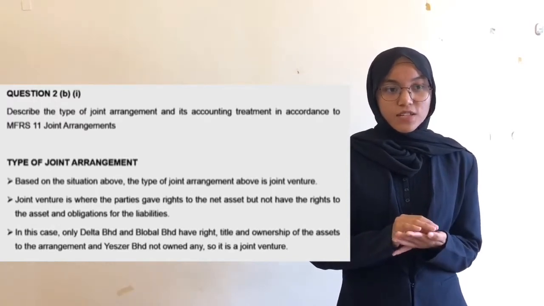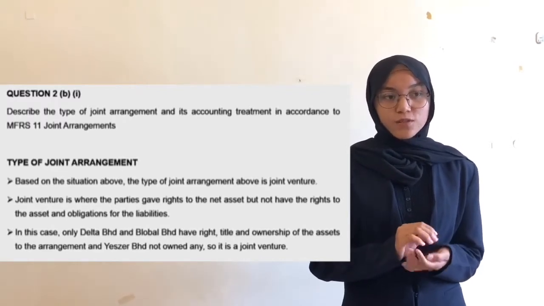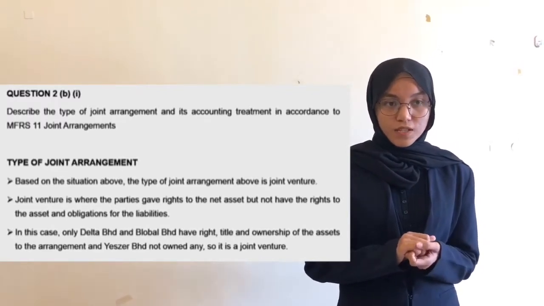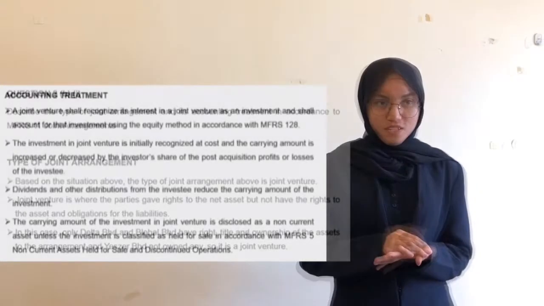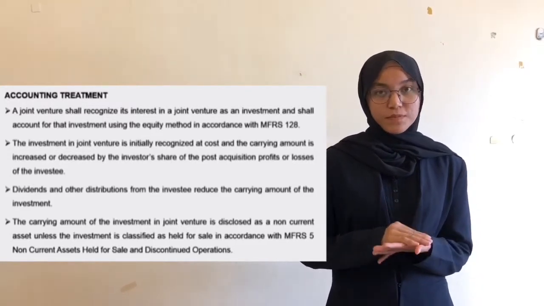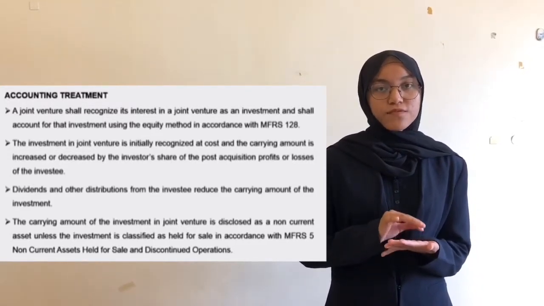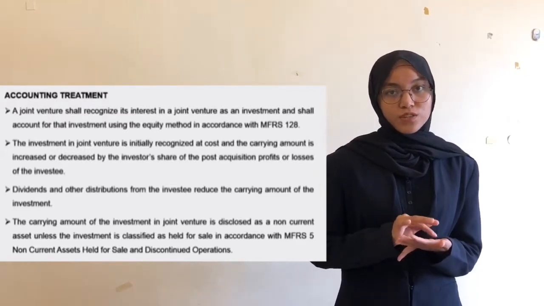In this case, only Delta Berhad and Global Berhad have right, title and ownership of the assets of the arrangement, and Yasser Berhad does not own any, so the venturer shall recognize its interest in a joint venture as an investment and shall account for that investment using the equity method in accordance with MFRS 128.